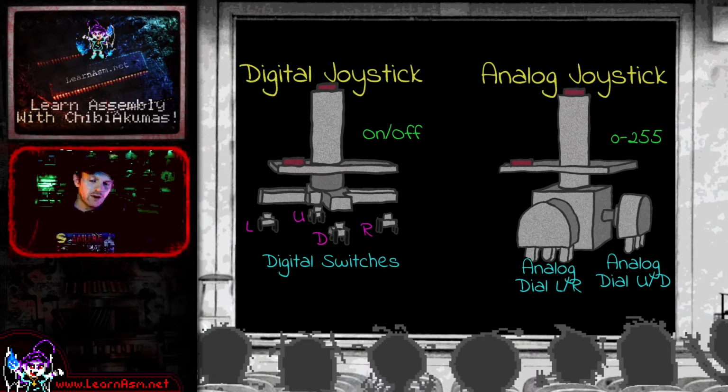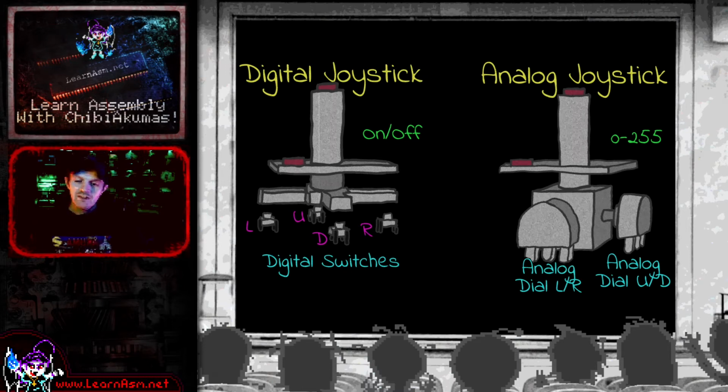The good thing is I've covered all of the platforms in my tutorial. I've got joystick tutorials on all of them, and in my games I just treat all the joysticks as digital. So in the cases of analog ones, I've got conversion code to give you a digital value from that analog joystick. So if you're interested in a system that I cover, please search Chibi Akumas and the name of the system and joystick, and hopefully a tutorial will come up for you on YouTube.